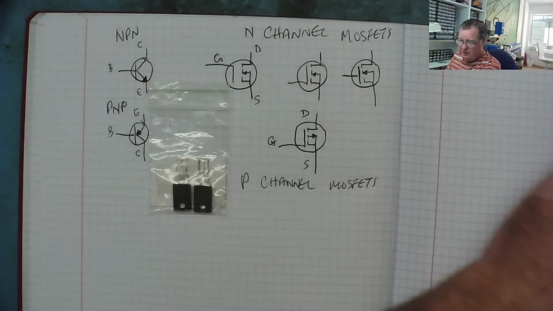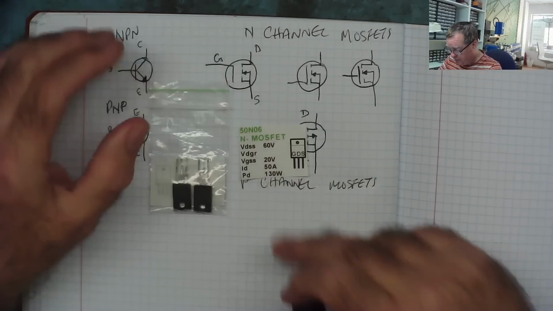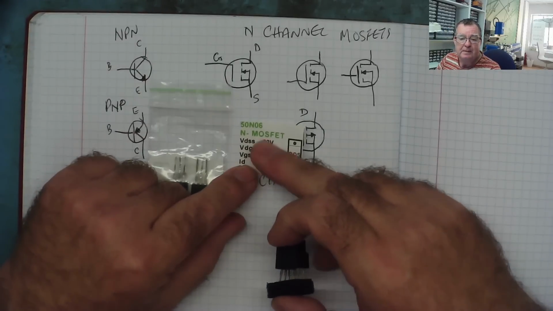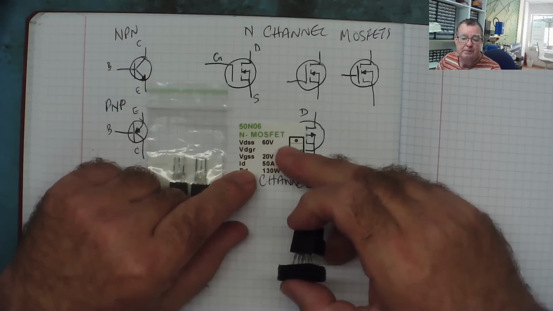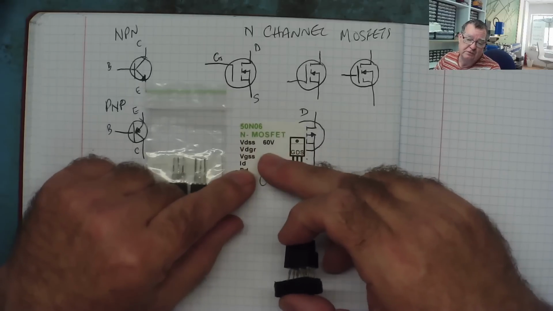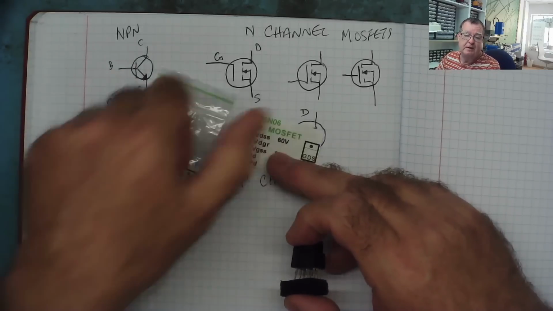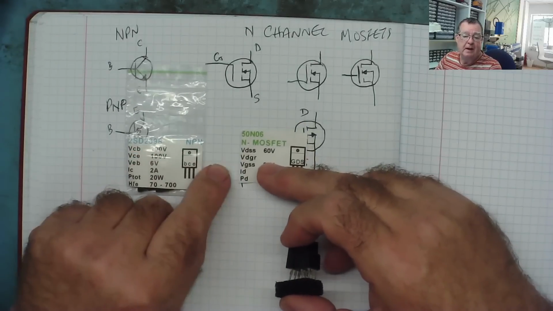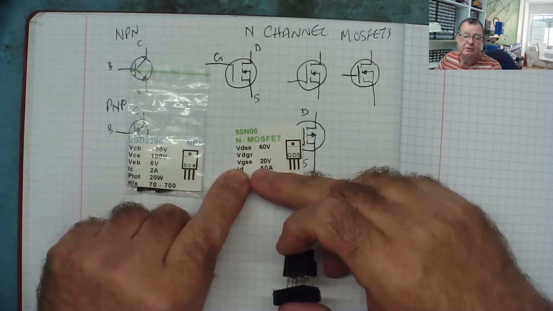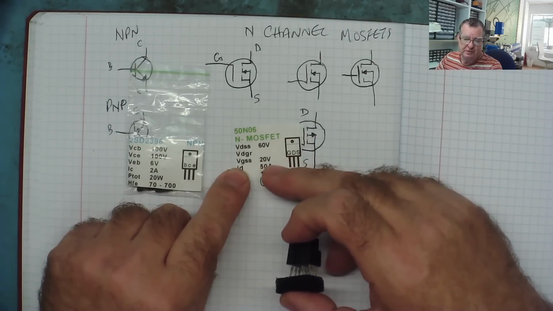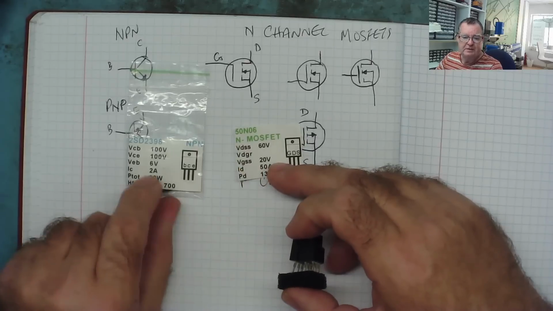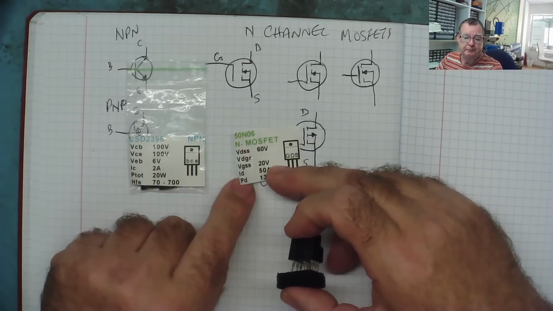Now these are MOSFETs. So this is an N-channel MOSFET, 50N06, drain source 60 volts, very similar to the rating we have here. Voltage gate source is 20 volts, and I'll come to this in a moment. These are maximum ratings, by the way.